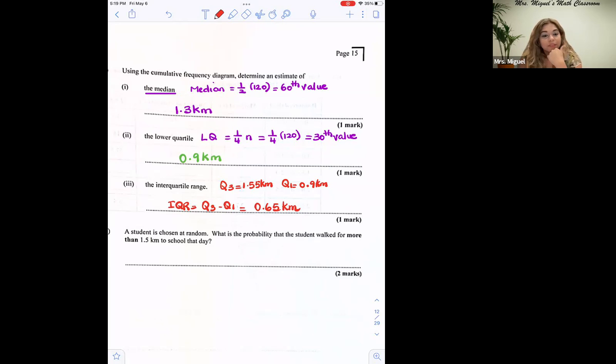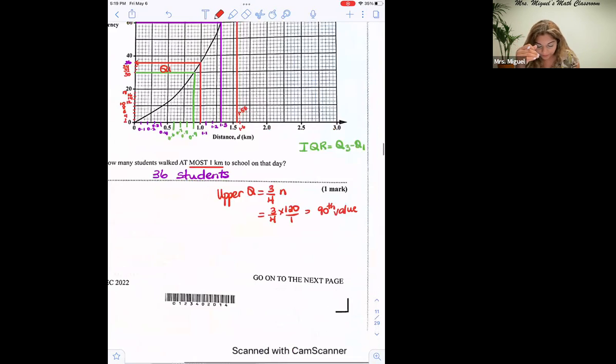A student is chosen at random. Now, CXC likes to associate probability with statistics. They go hand in hand, right? So the question asks, what is the probability that a student walked for more than 1.5 kilometers on that day? So we are going to the curve.